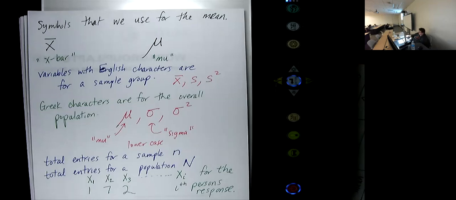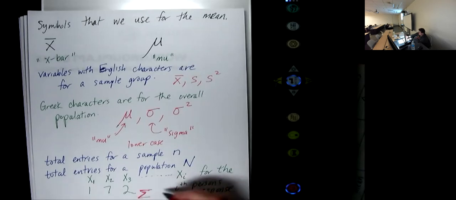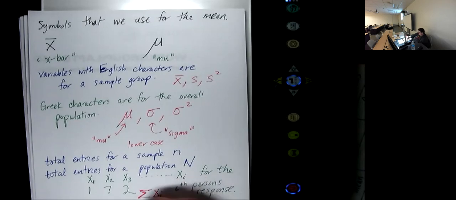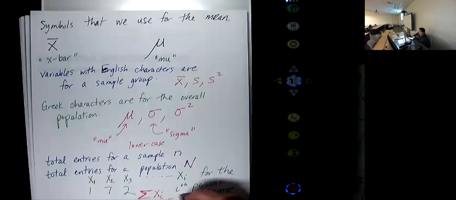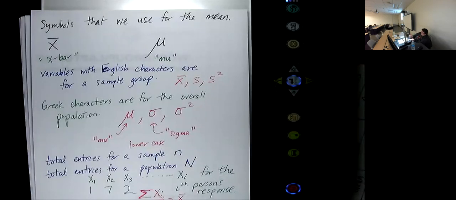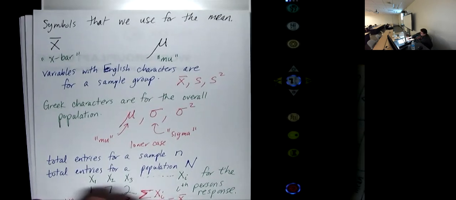And where you might see that, they'll put it in this notation. They will have an E that looks very angular like this. And it will say X sub i like that all over n. That equals X bar. This crazy looking E up here, that really looks like a capital M sideways, this is the uppercase sigma.